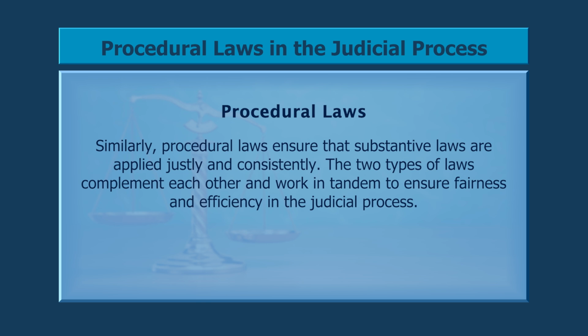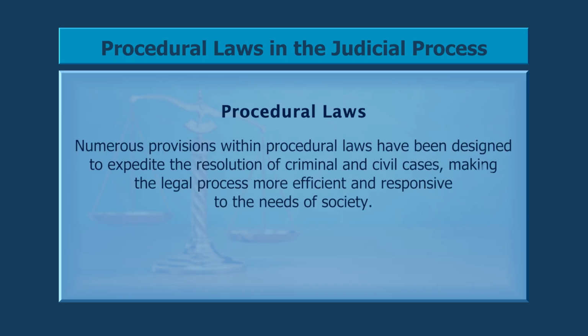The two types of laws complement each other and work in tandem to ensure fairness and efficiency in the judicial process. Numerous provisions within procedural laws have been designed to expedite the resolution of criminal and civil cases, making the legal process more efficient and responsive to the needs of society.